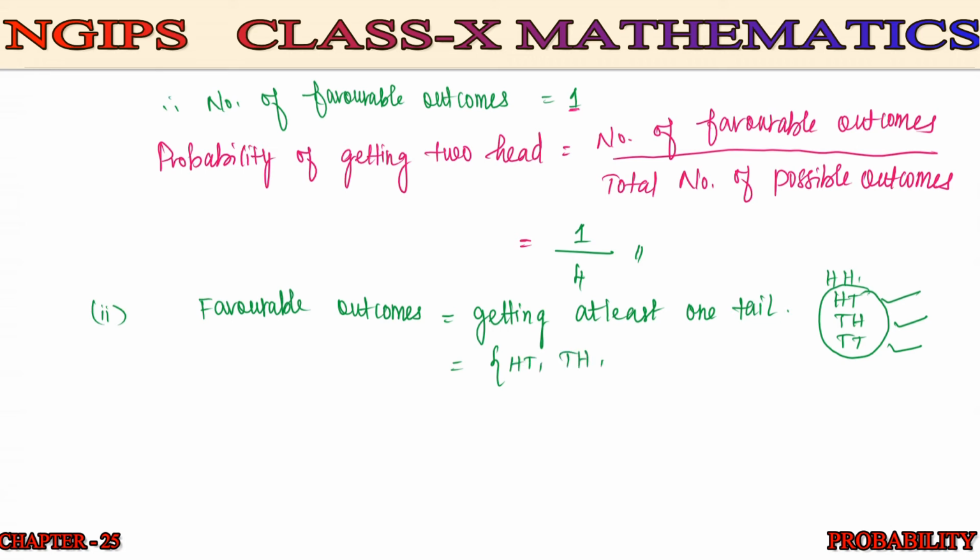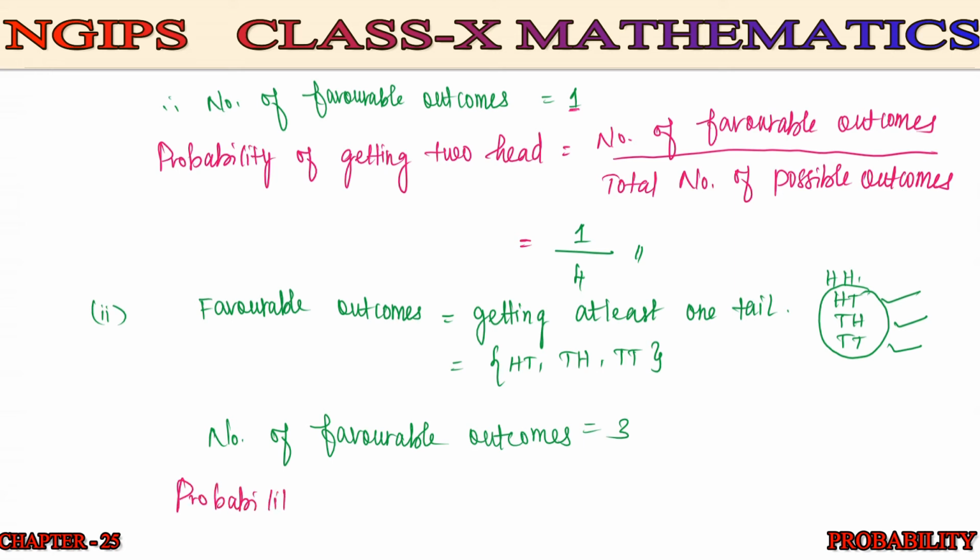TT. So here number of favorable outcomes is equal to, totally we have 1 2 3. Next we need to find out the probability of getting at least one tail.